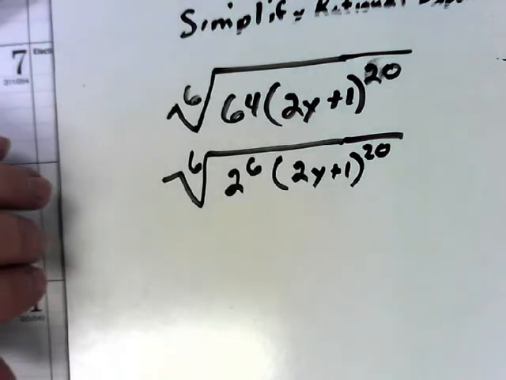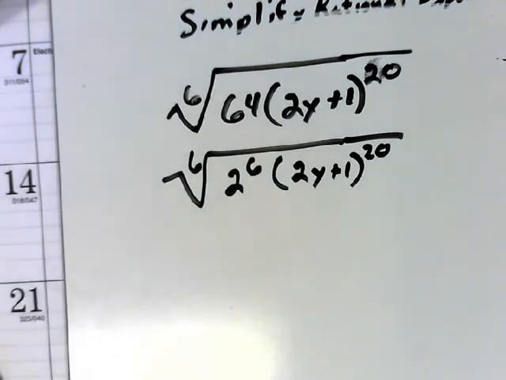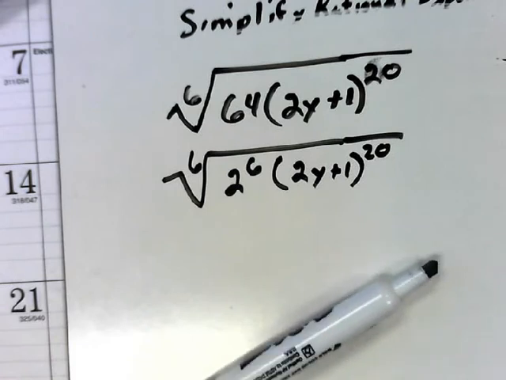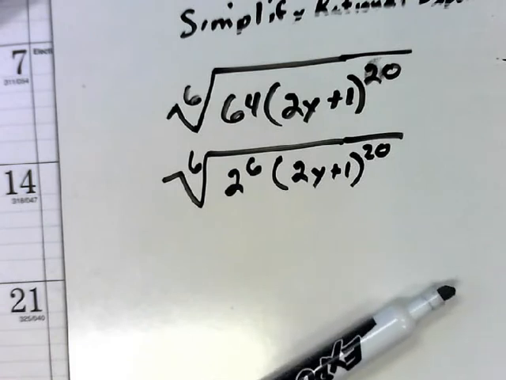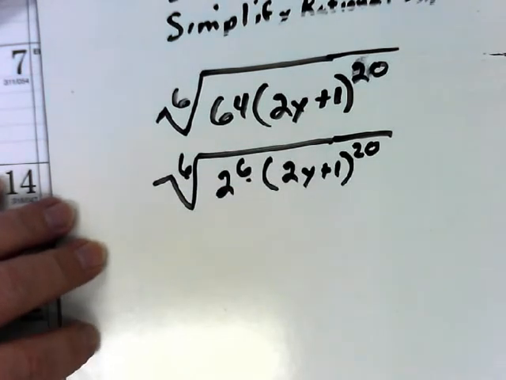Do you agree? Okay, so 2 times 2 times 2 times 2 equals 8. So this 6 goes into this exponent of 6 how many times?